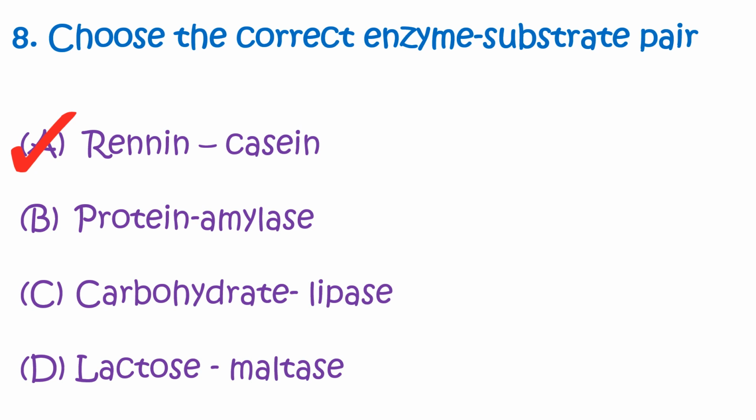Lipase is an enzyme which requires lipids or the fats as a substrate. In option D, we have lactose as a substrate. Lactose, which is a disaccharide present in the milk, requires lactase enzyme to be broken down into simpler sugars. Maltase is an enzyme which requires maltose as the substrate sugar.